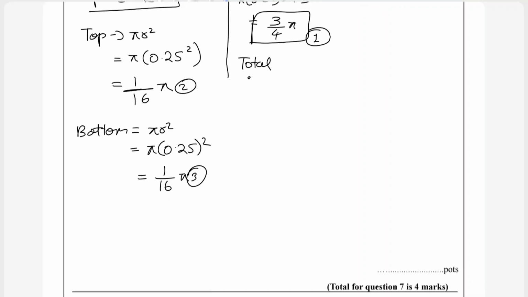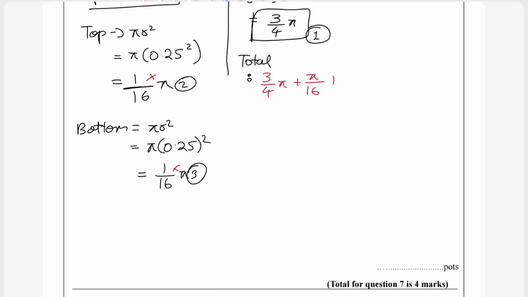Let's add them: 3 over 4 pi plus pi over 16 plus pi over 16. So this is the total, which is 7 over 8 pi. We convert this to decimal, which is 2.74889 meters square.